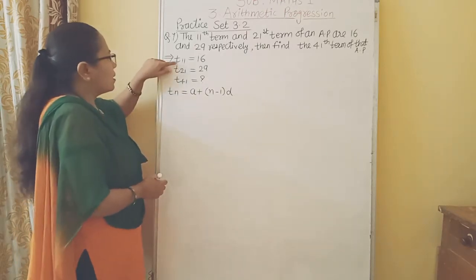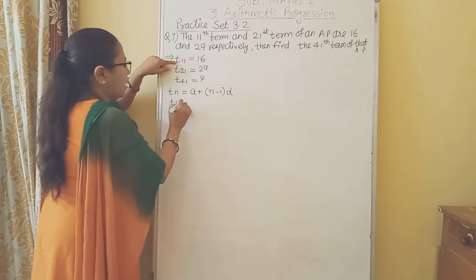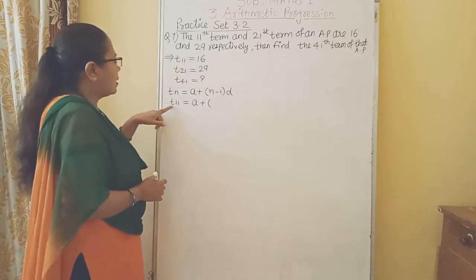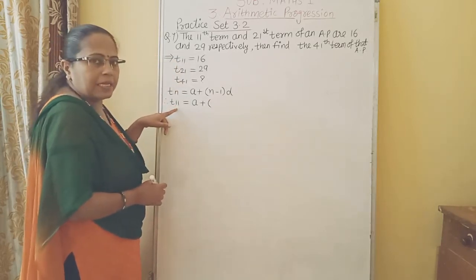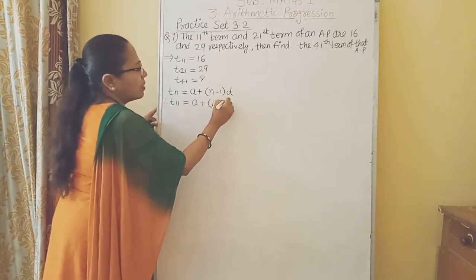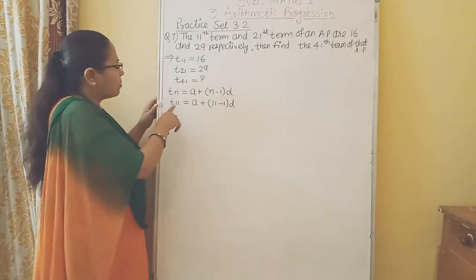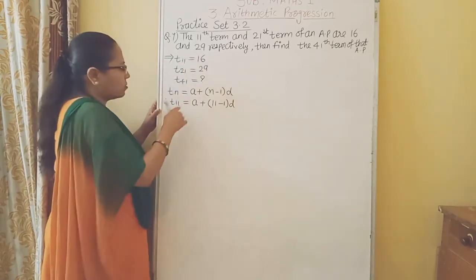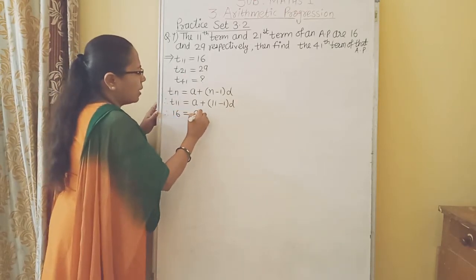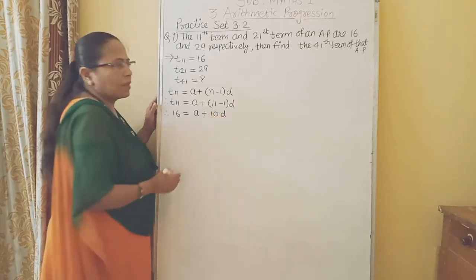Now here the 11th term is given. Therefore, T11 is equal to A plus (n minus 1) into D, where n is equal to 11. So we put n equal to 11: 11 minus 1 into D. Now T11 is given as 16, so 16 equal to A plus 10D.